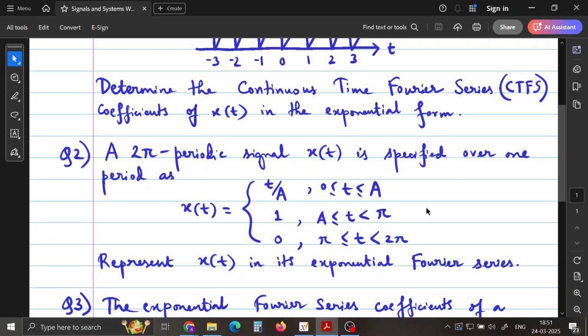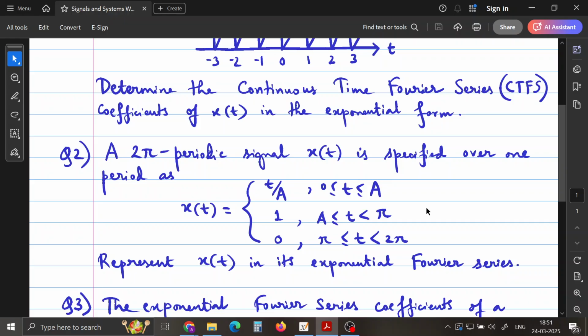Now you have to represent this x of t in its exponential Fourier series. Again, we have seen the exponential Fourier series representation as a linear combination of phasors, remember? So for that we need the knowledge of the Fourier series coefficients, the a_k. So the first thing is to find those a_k.